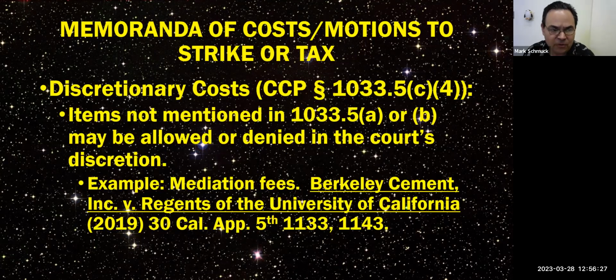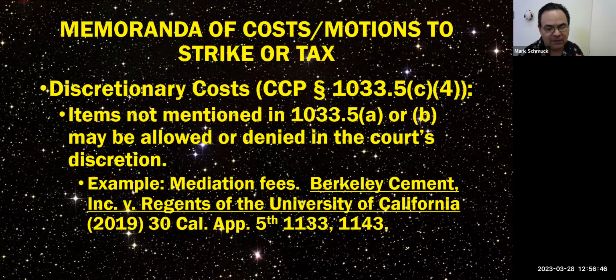Then we have the third category of discretionary costs under 1033.5C4. So, general rule: items that are not mentioned as allowed or not allowed may be allowed or denied in the court's discretion.